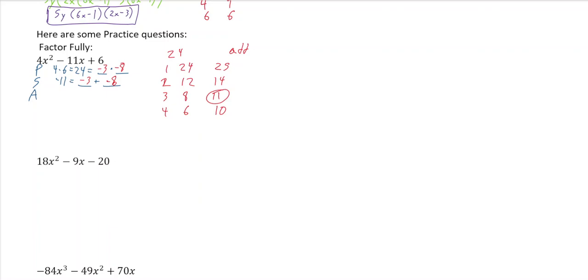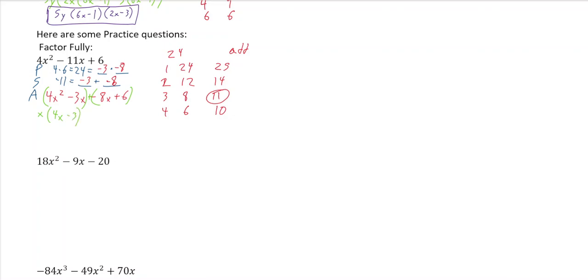Now we need to break up the middle term into negative 3x and negative 8x plus 6. Now we're going to take the first part and the second part, and put a plus in between them, which allows us to take out an x in the first part, so we get x times 4x minus 3.